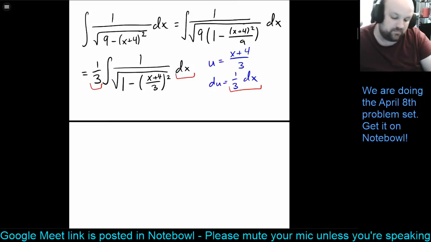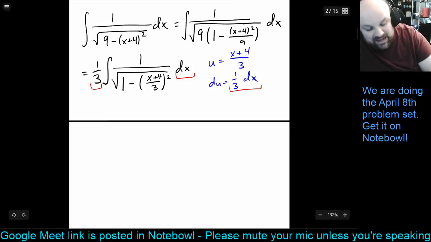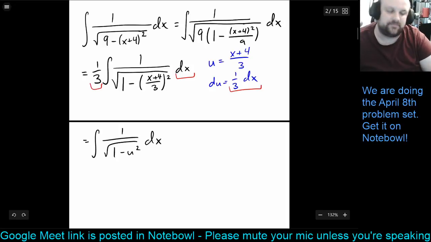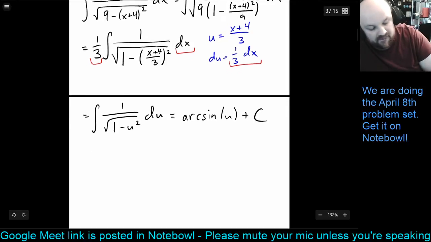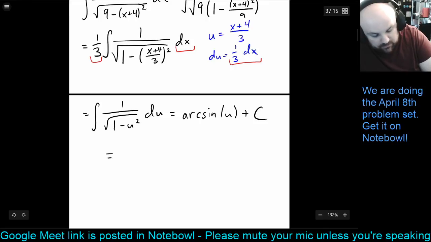So I can just pull all that out. And we actually do have just integral 1 over square root of 1 minus u squared du. It's quite nice. All right, so this is arcsine of u plus c. And so plugging our substitution back in, x plus 4 over 3.